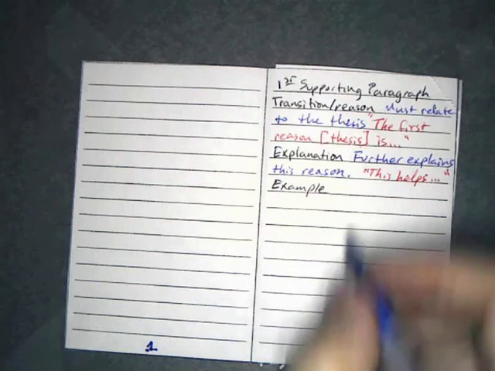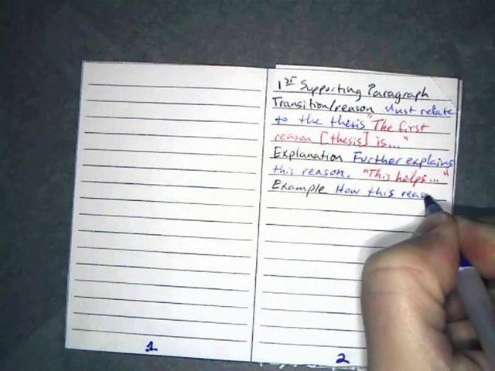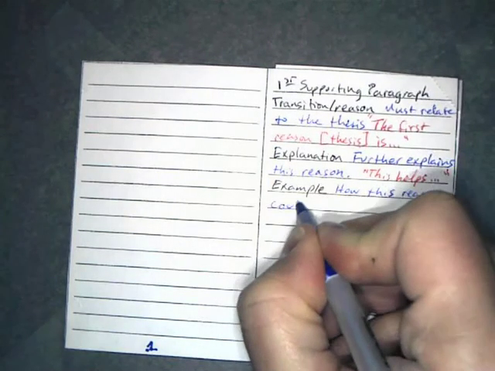Then you're going to switch to the blue pen and you're going to write how this reason could work or how it has worked.